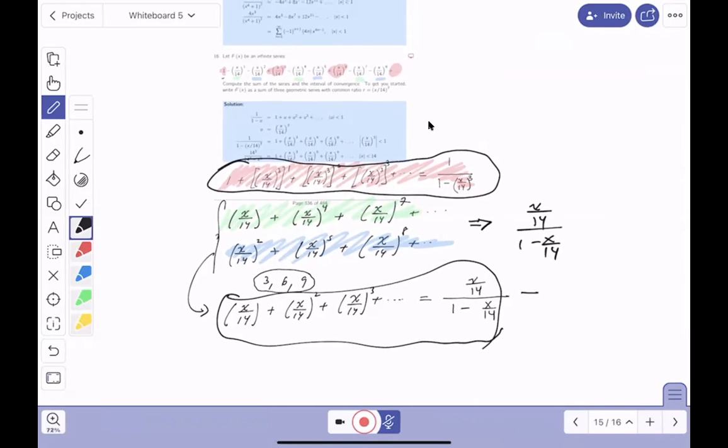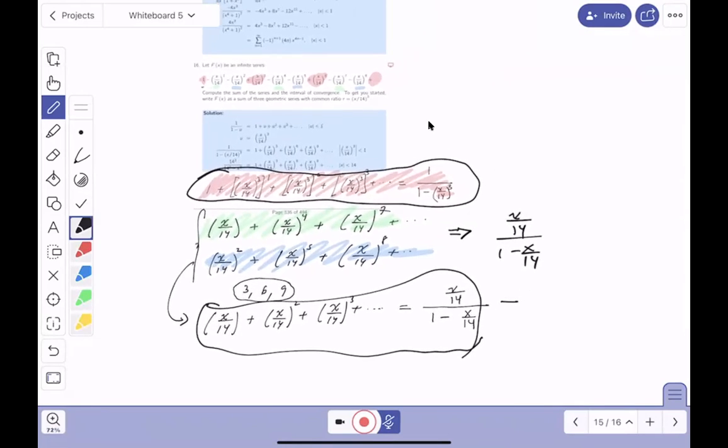So what's it going to be? It's this guy over here now. I'm removing 1 over 1 minus x over 14 cubed. And minus 1 is plus 1. So that's what the sum of these guys is.